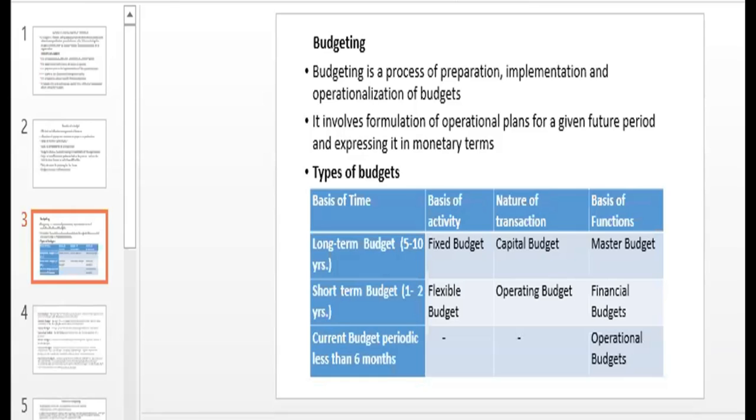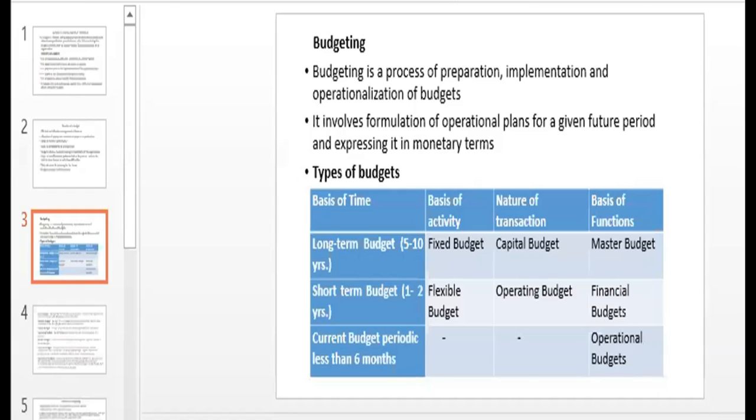So you realize, like a master budget, there's so little that you can do in adjusting it, all right? The fixed budgets, that's why they are called fixed budgets. Most of them are capital budgets. And then we have the master budget. Then the short term, which is normally 1 year to 2 years, are flexible budget, operating budget, and financial budget.